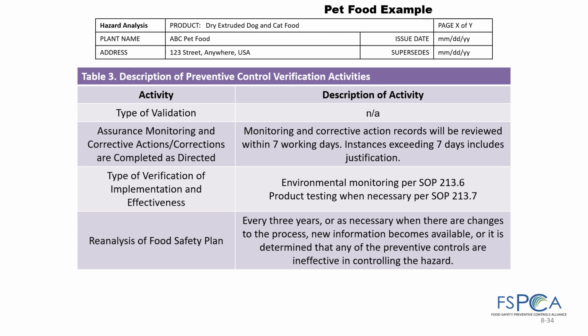I would probably err on the side of actually making a statement that says it's not required as opposed to putting NA, just to make sure your inspector knows what you were thinking behind that and kind of limits the questions. However, I've also had some really good conversations with people about what we could validate with sanitation controls.